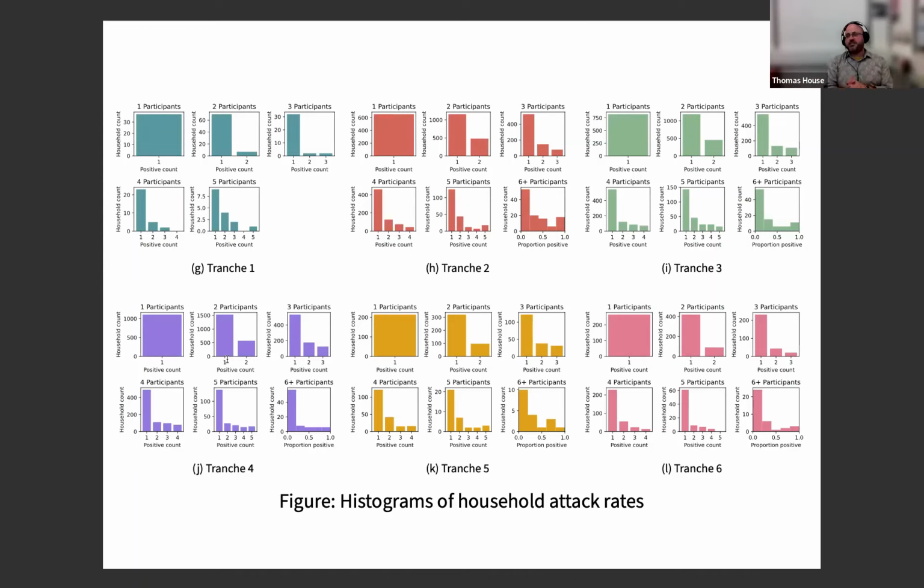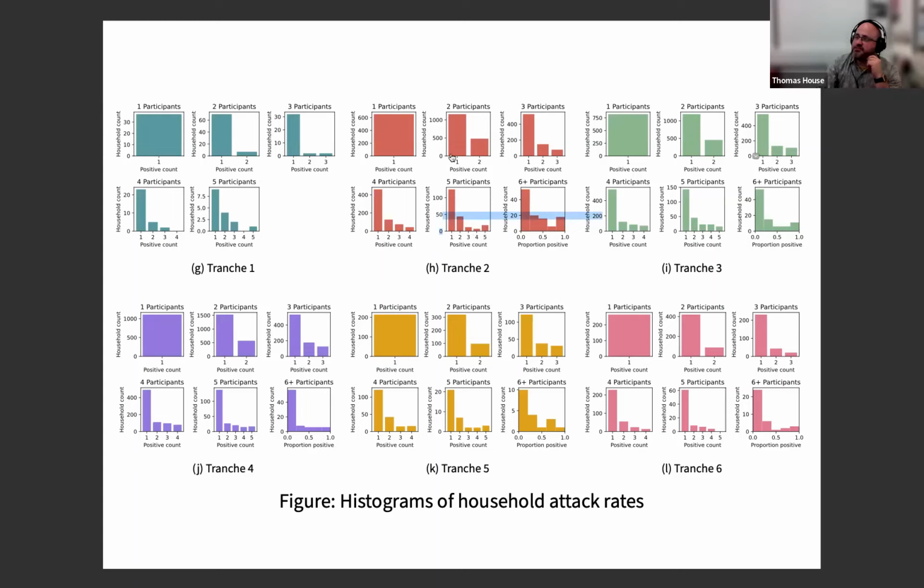And where the information is in this data is that these histograms are over dispersed compared to a Poisson or compared to a binomial. So you see for some of them, they take this U shape, right? Like this one here, it actually goes down and up, which it couldn't do if it was a Poisson or a binomial.